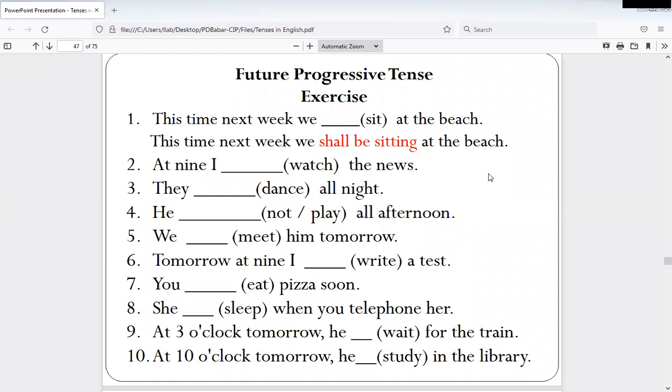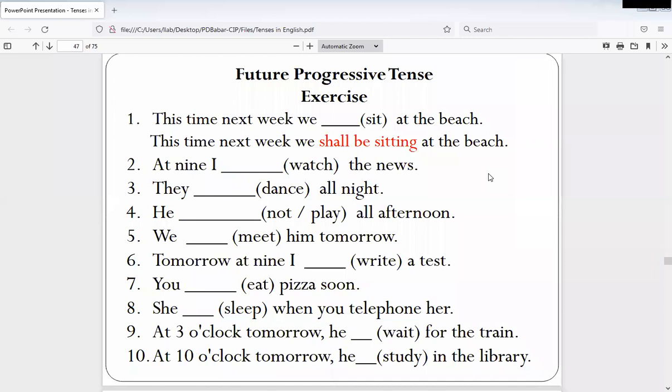We'll be watching the news. Here, I is the subject. So will be, though it is correct, I will be watching the news, but the most accurate verb for this sentence is: at 9 I shall be watching the news.